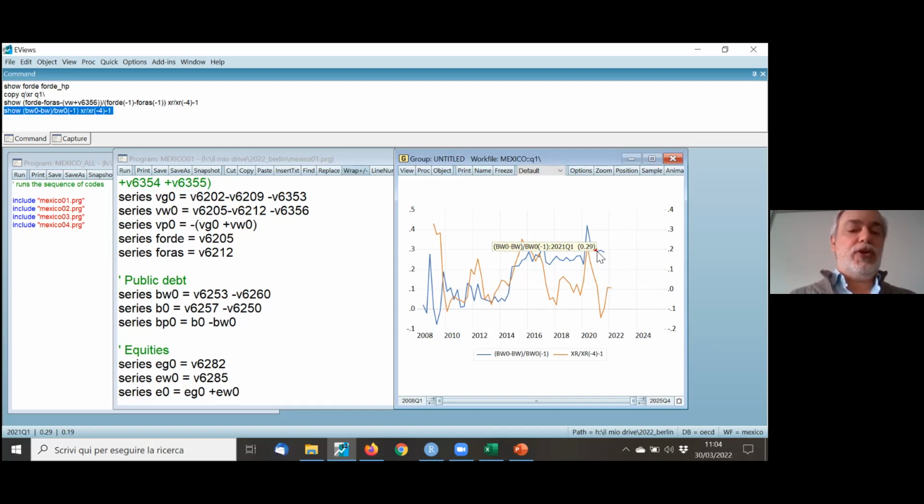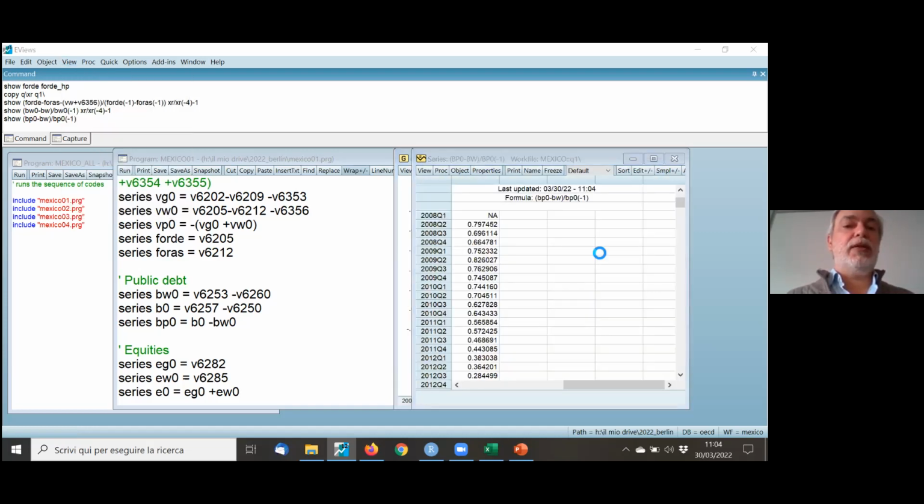What we should also check is what happens to the other side of the market, so the bonds held by the private sector. Here, the exchange rate should not really matter that much.